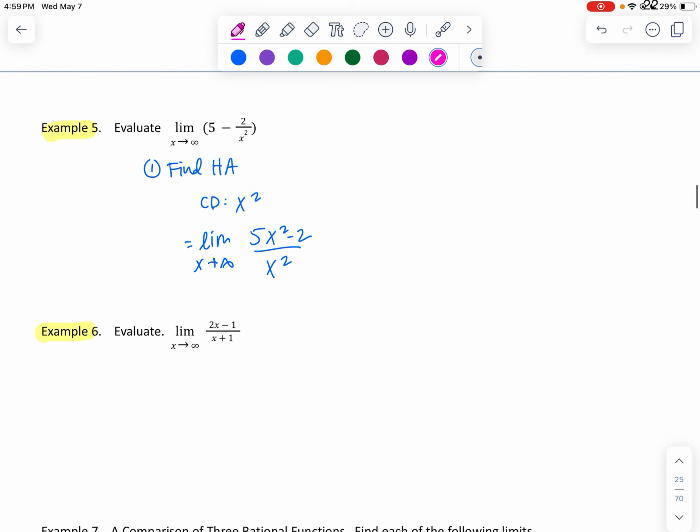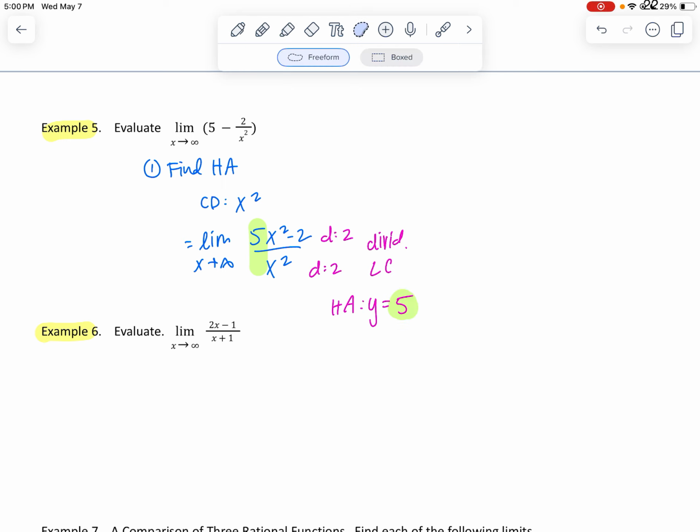So this one has a degree 2. This also has a degree 2. So all I'm doing is just dividing the leading coefficients. In this case, my leading coefficients are 5 and 1. So then I have a horizontal asymptote at y is equal to 5. So the limit in this case is 5.